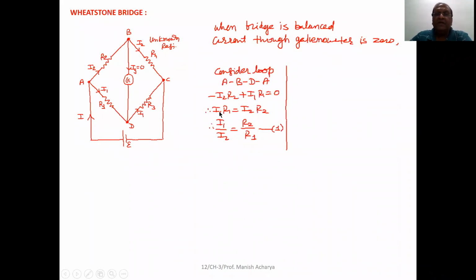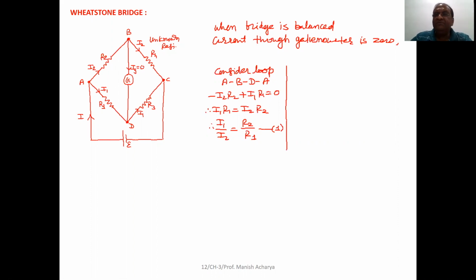Now here suppose we consider the loop A, B, D, A. So A to B, we are moving in the direction of the current I2 through resistor R2. So the potential difference, that is minus I2 R2. Then B to D, in that particular branch there is no current.